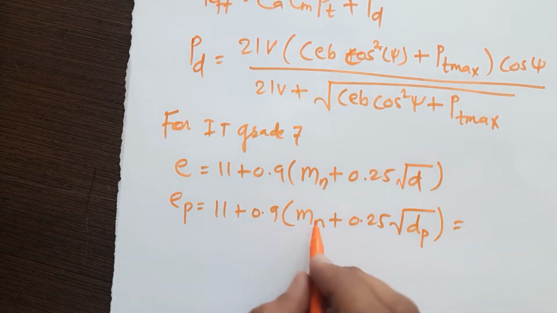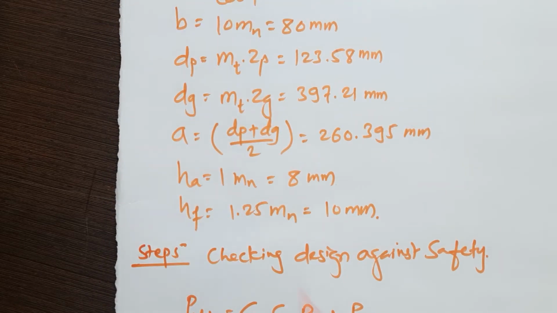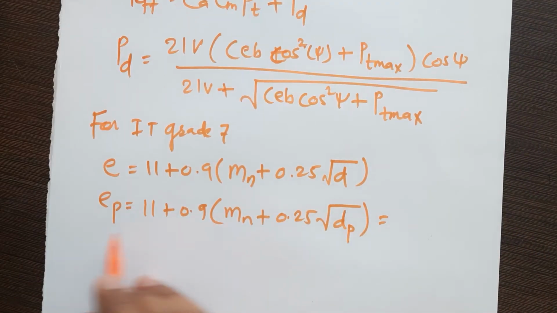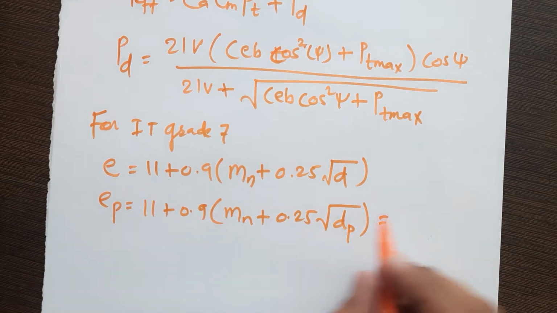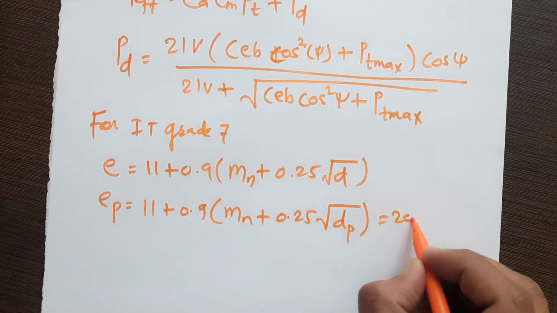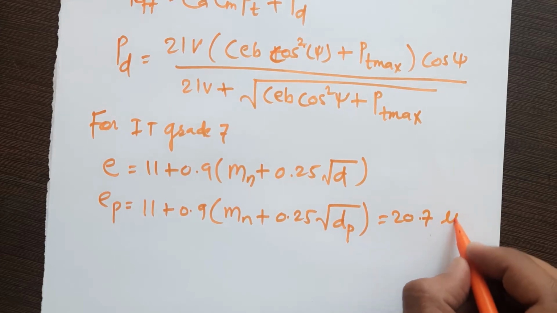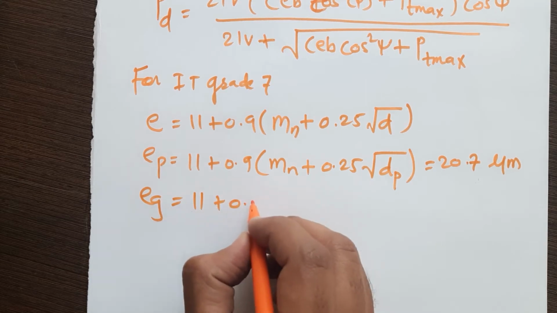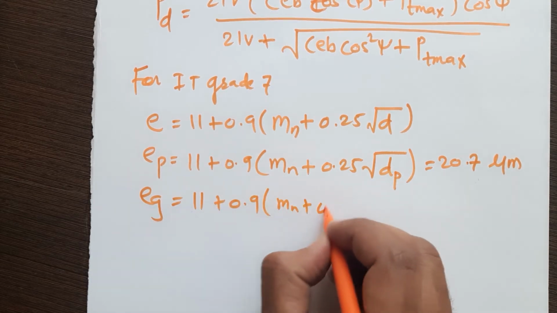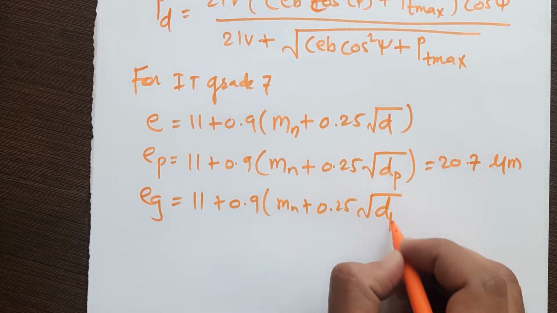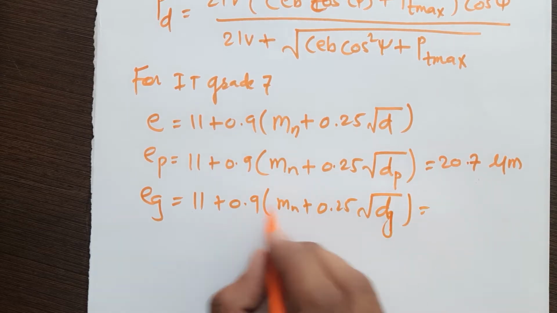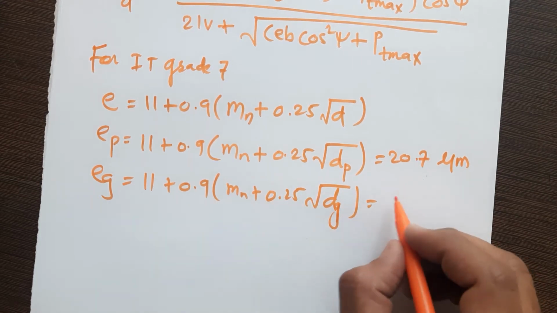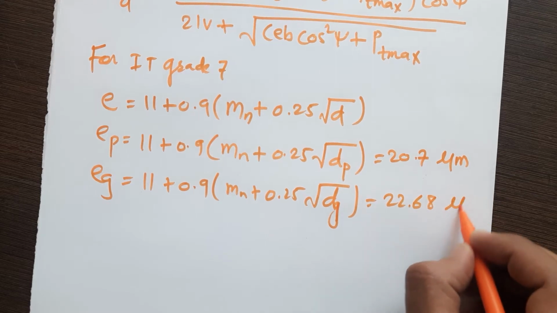If you put in the values of mn and dp, where we have calculated dp as 123.58 and mn is 8 mm, you will get EP as 20.7 micrometers. Similarly, you calculate EG as 11 plus 0.9 (mn plus 0.25 under root dg). Substituting dg and mn, you will get EG as 22.68 micrometers.